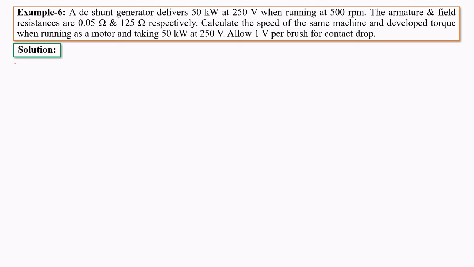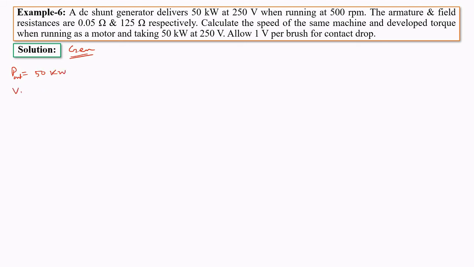First of all, we consider the machine as a generator. So when the machine is considered as a generator, the output power here is 50 kilowatt.